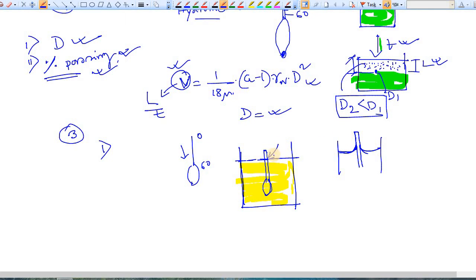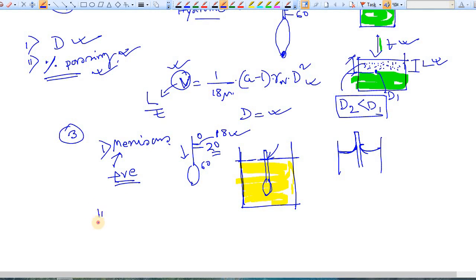Let's say you are supposed to see 20 here, but due to this you will see 18 somewhere here. So the correction is known as the meniscus correction. This meniscus correction is always positive. Why? You are taking an under reading. Instead of 20 you are taking 18, so the error is negative, and the correction will be positive.